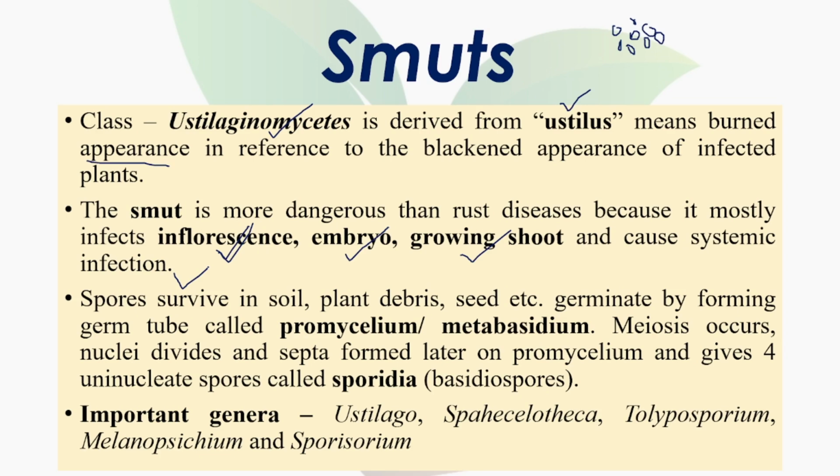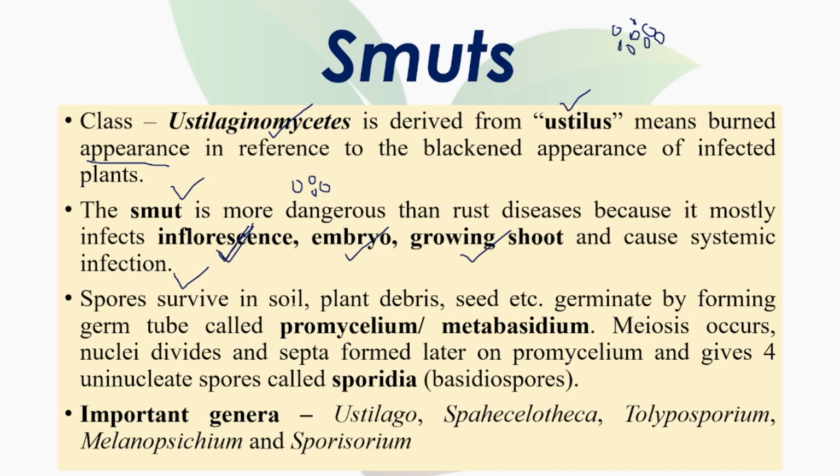If rust occurs, you will still get at least 10-20%. If smut occurs, you will get nothing, everything is gone. All the infected inflorescence is converted into black charcoal powder. You will get nothing out of it. Even if one or two grains are left over, you cannot eat them, right? Because it directly targets the inflorescence or sometimes the embryo and is responsible for systemic infection. That's why it is very dangerous.